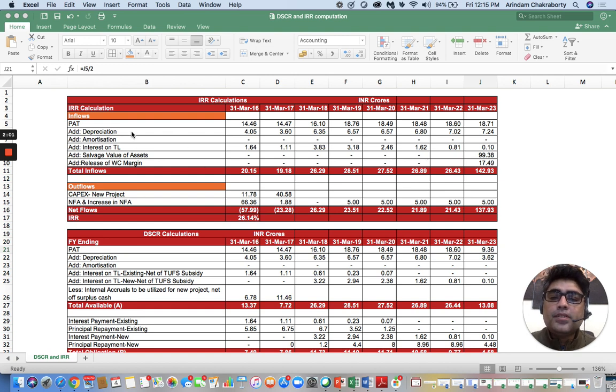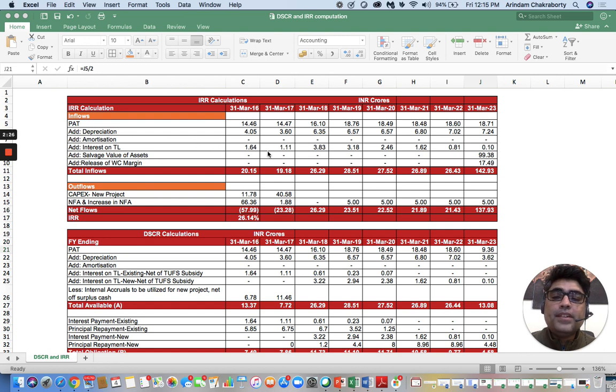Then depreciation, amortization, and interest on term loan for the existing loan that the company has. That also has to be taken into consideration, to get a sense of the total amount which can be considered part of the inflow.